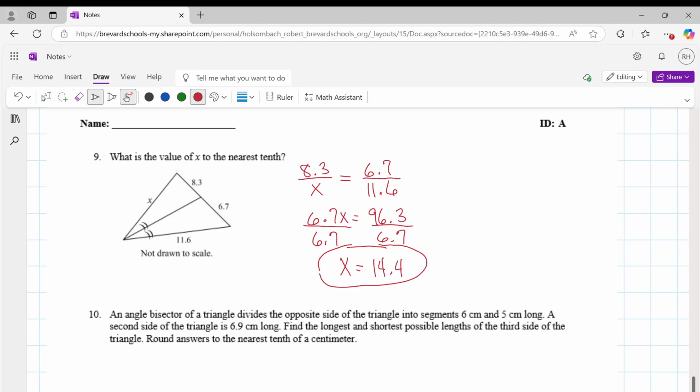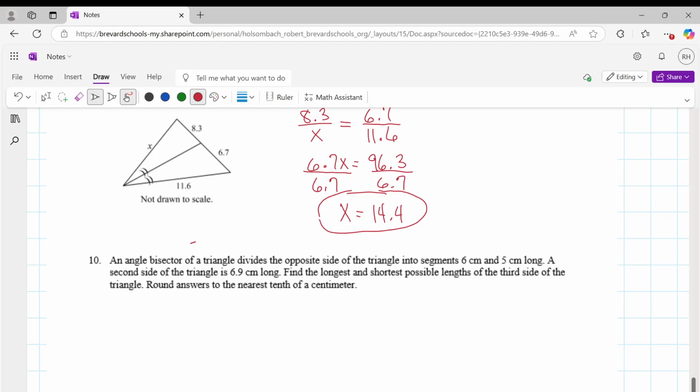All right, so what I want you to do is keep this picture in mind. Keep the picture of the triangle in number 9 in mind when you do number 10. Draw basically the same picture. So if we draw the same picture.